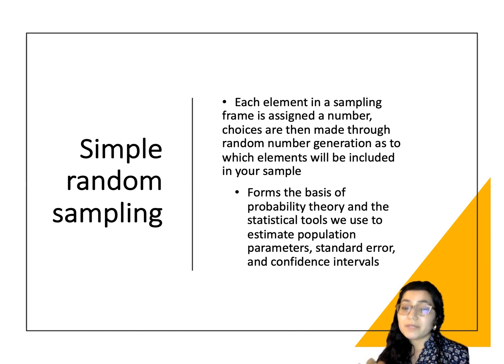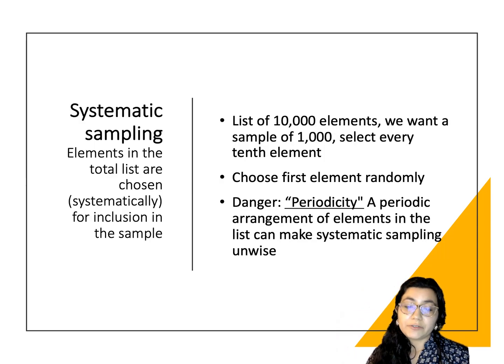And this forms the basis of probability. It's the statistical tool we use to estimate population parameters, standard error, and confidence levels. So this really is the gold standard of sampling, but we can't always do this because it just doesn't make sense for the representation in our population, or it's just too difficult.